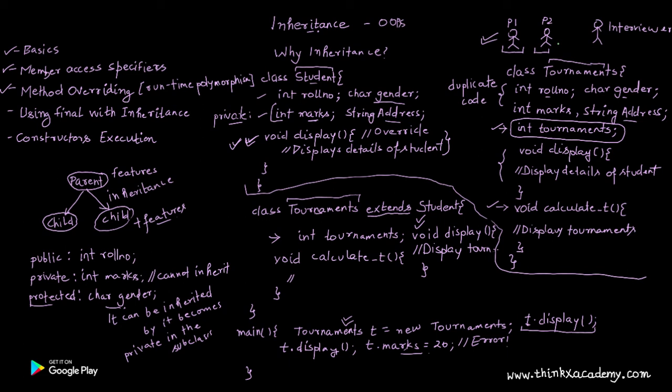He says that now I do not want this function to run. He says that the display function defined in the class tournaments, I don't want this function to run. I want the display function which is in the superclass to run. So how can I do that?